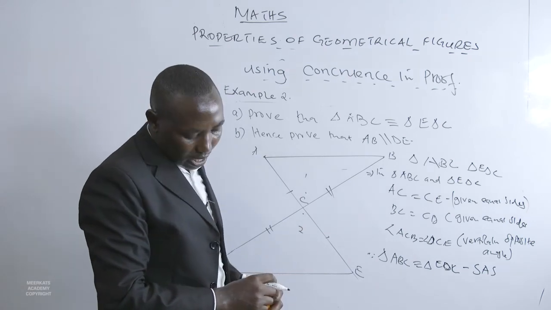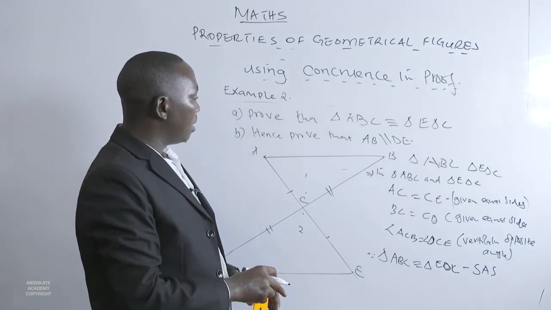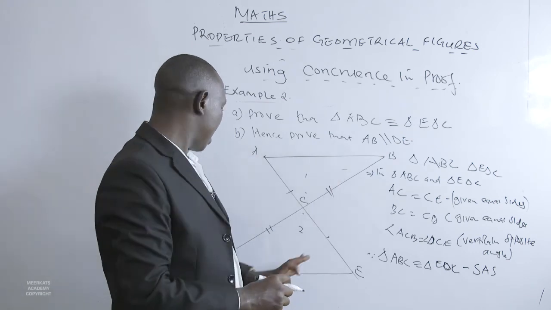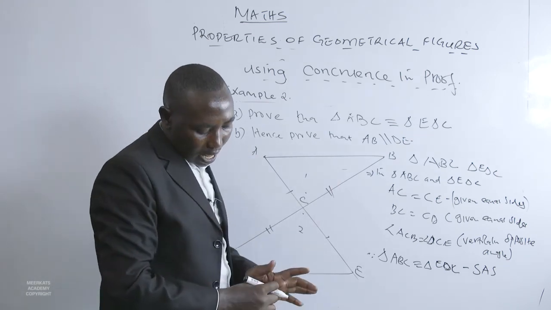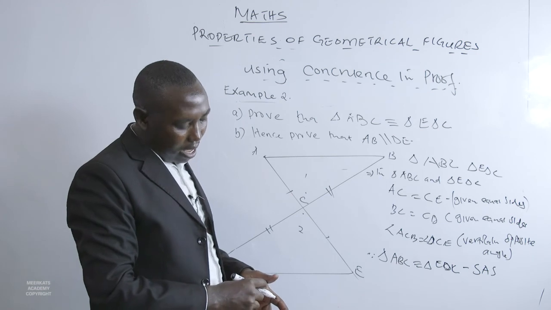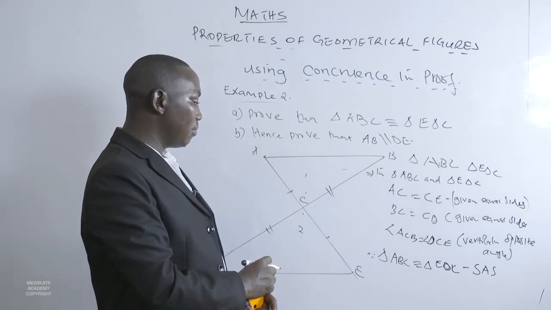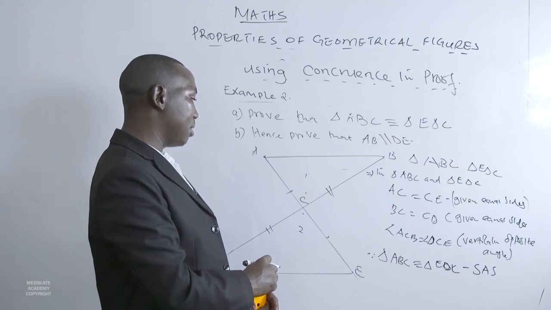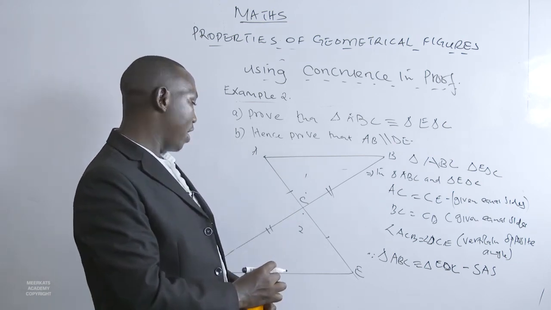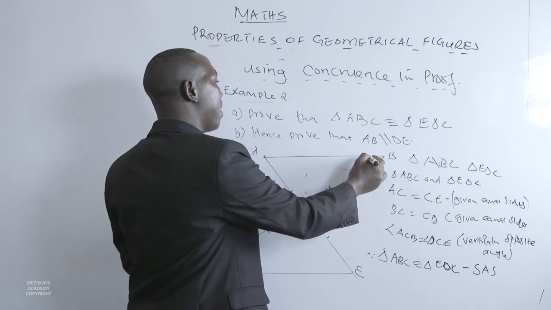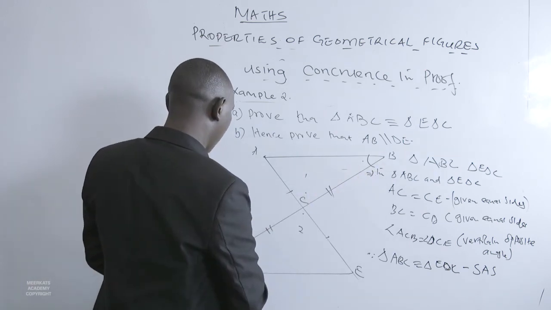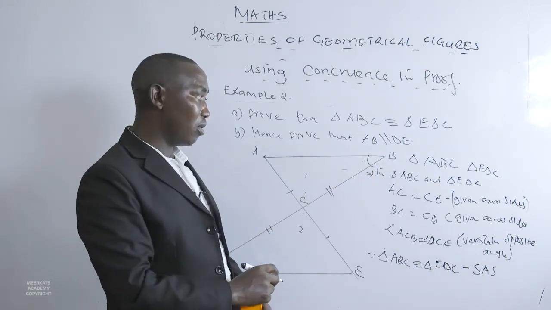The last question was for us to prove that AB is parallel to DE. That is, AB and DE are supposed to be parallel. Now, by matching, we have been able to say that this angle and this angle are equal, and then this angle will be equal to this particular angle.